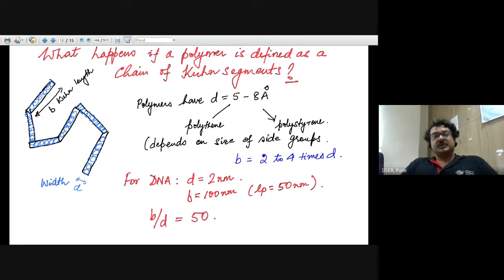And if you remember, the Kuhn length was double the persistence length, which I worked out in terms of the worm-like chain model a few lectures ahead. So if you're confused, just look up what a Kuhn segment is and then come back here.